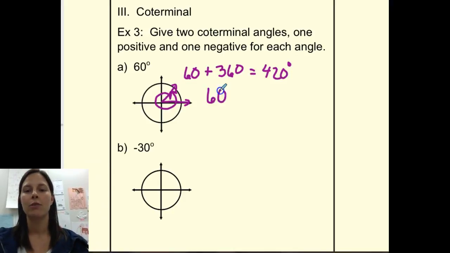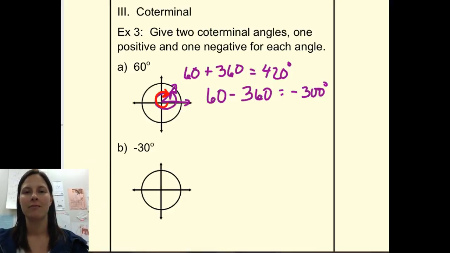We could also rotate clockwise. If we subtract off a full rotation, we would have a negative 300-degree angle for our coterminal angle. So that would be starting at the initial side, but rotating clockwise instead to get to that same terminal side.